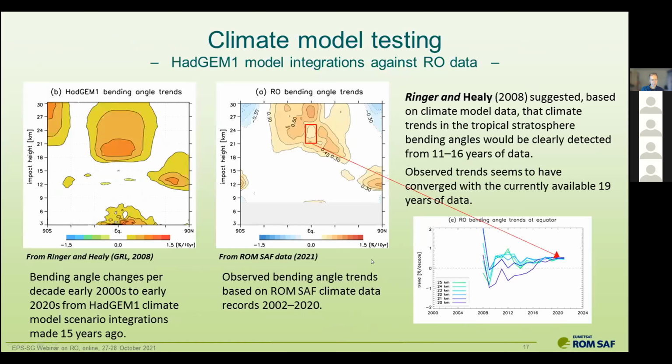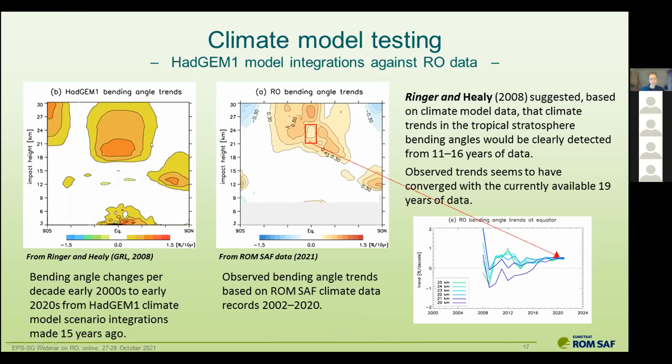Here's another example of work that we did about 15 years ago. Mark Ringer and Sean Healy published a paper saying that bending angle trends would work excellently for detecting trends in the global stratosphere. And they said at that time, about 15 years ago, that after about 11 to 16 years it would be possible to actually detect trends.